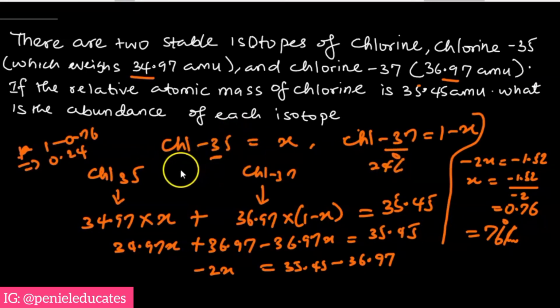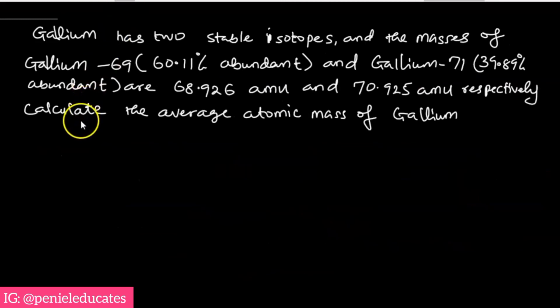So this one contains 76% abundance, and this one contains 24% abundance.